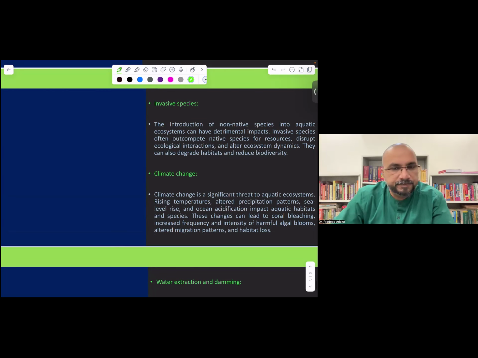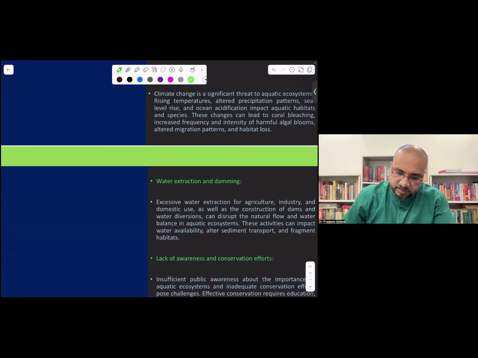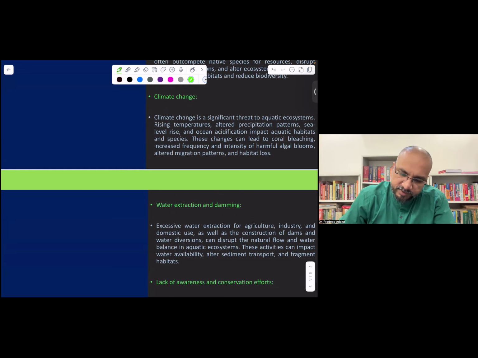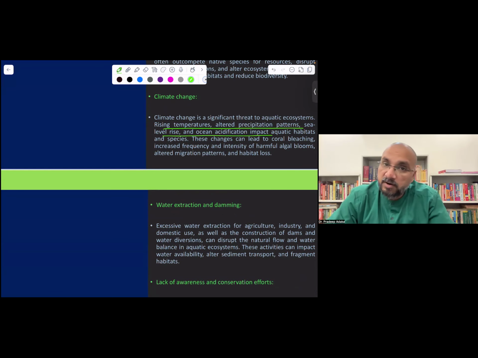Invasive species can also affect the freshwater ecosystems. Then climate change, obviously, is a significant threat to aquatic ecosystems. So rising temperature, altered precipitation patterns, sea level rise, ocean acidification, all these are affecting the biodiversity.